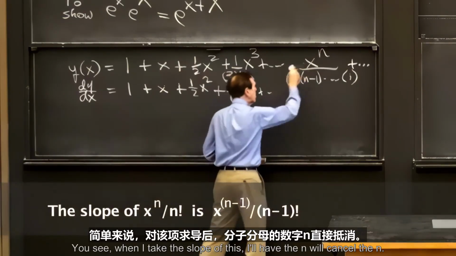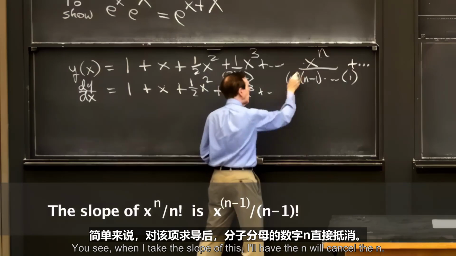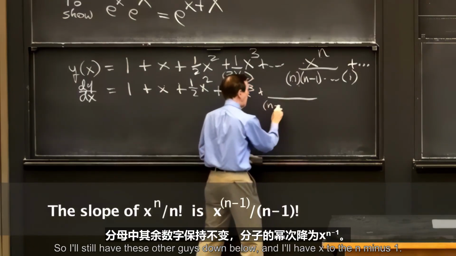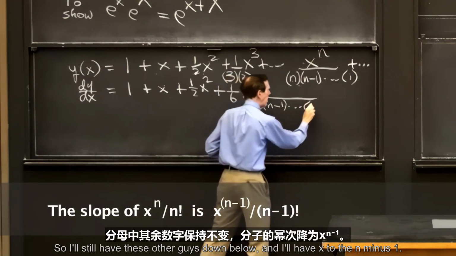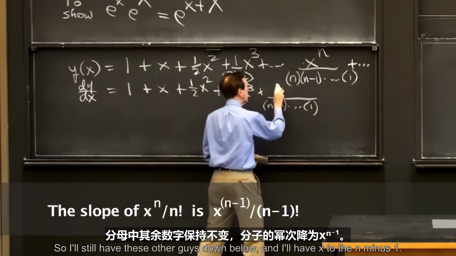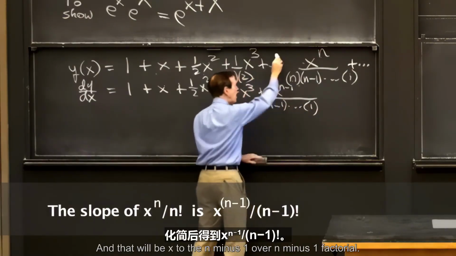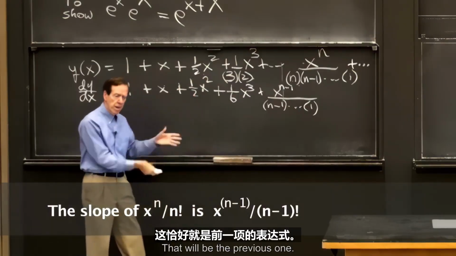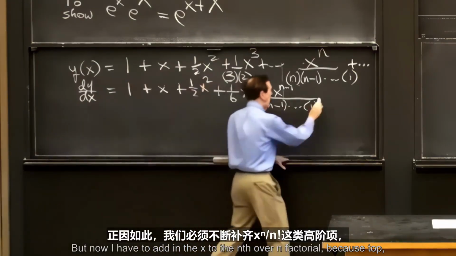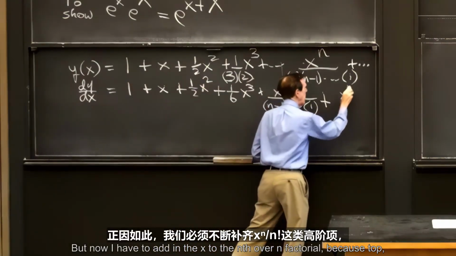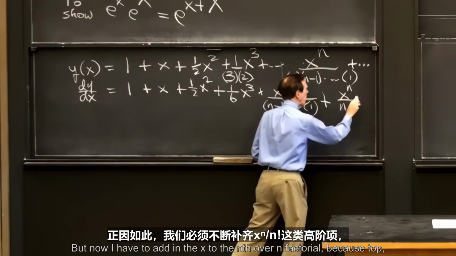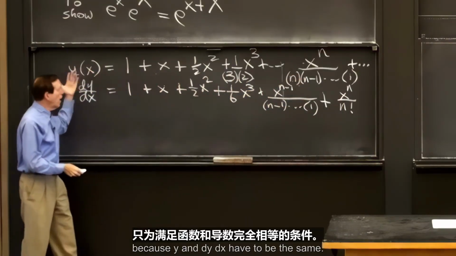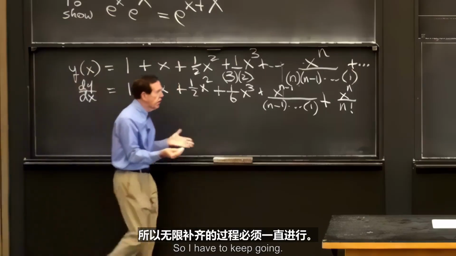When I take the slope of this, the n will cancel the n, so I'll still have these other guys down below, and I'll have x to the n minus 1 over n minus 1 factorial. That will be the previous one. But now I have to add in the x to the nth over n factorial, because y and dy/dx have to be the same, so I have to keep going.